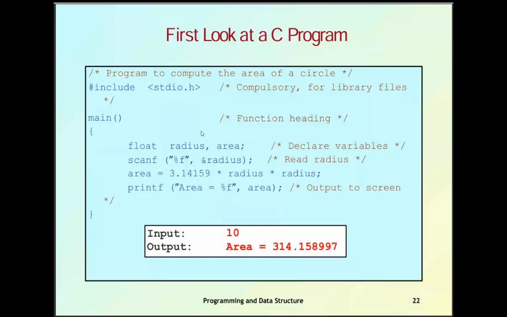Okay, sir. So that means C is not based on the OOPs concept, right? C is not an object-oriented programming language, right? Java is an object-oriented programming language. Sir, what is different in structured? I mean, structured programming and object-oriented programming. You are saying that C is a structured programming language, whereas Java is object-oriented, right?